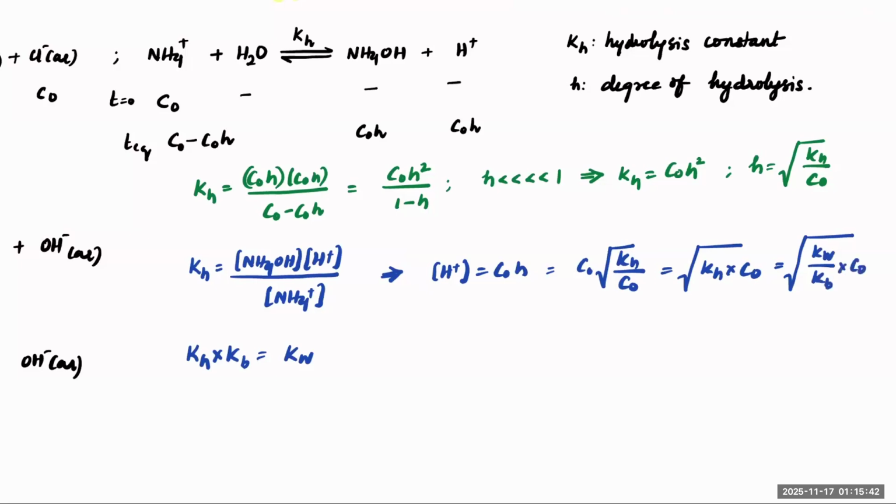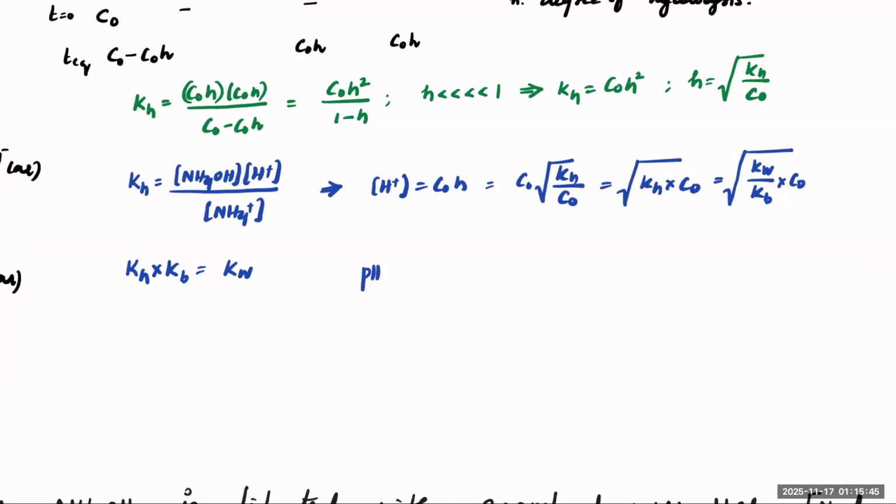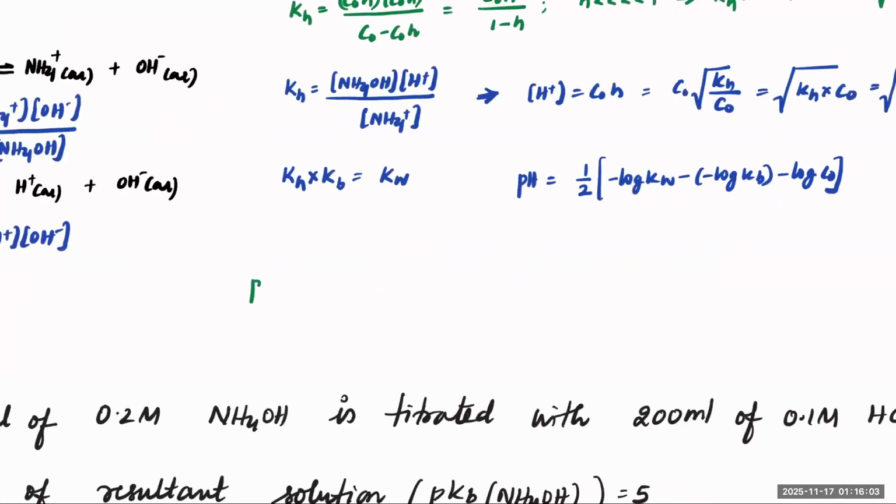So thus, if you take the minus log on both sides, you will get half of minus log of Kw minus log of Kb minus log C naught. This is what you will get. And that leads to our final equation, which is pH is equal to half of pKw minus pKb minus log C naught. And this value always has to be less than 7.